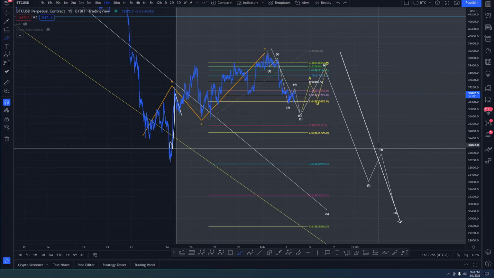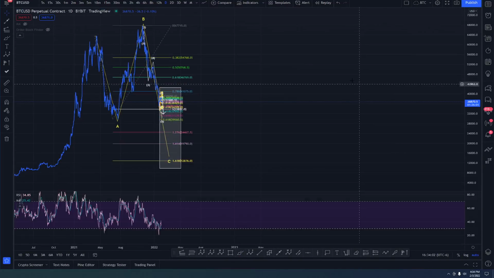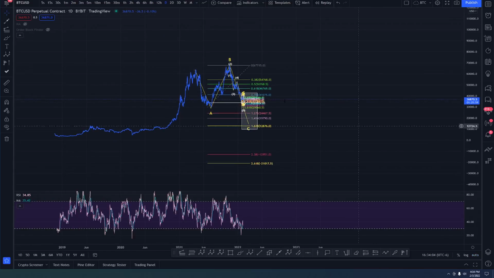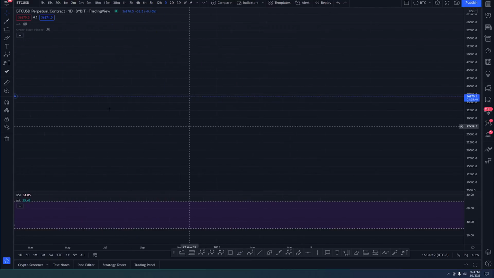Always hard to nail the bottom, but guys, let me take us back to the daily where we started and show you one thing that we need to pay attention to, and that is if this is going to be 5 waves, I'm expecting divergence here at the bottom, and I don't have any regular divergence that I'm seeing here. So in other words, let me get a little bit bigger here.